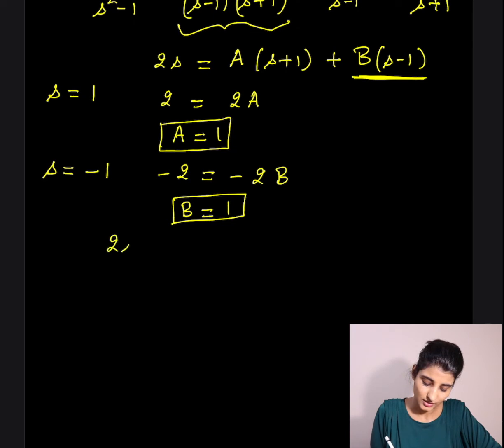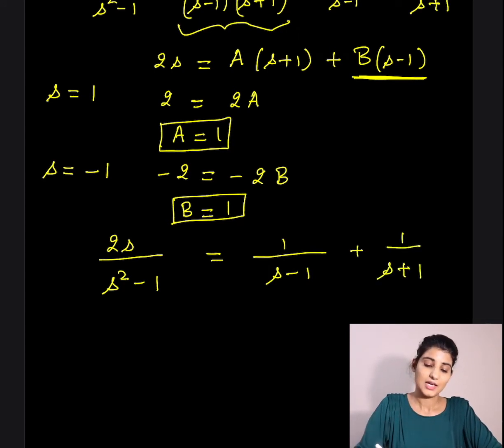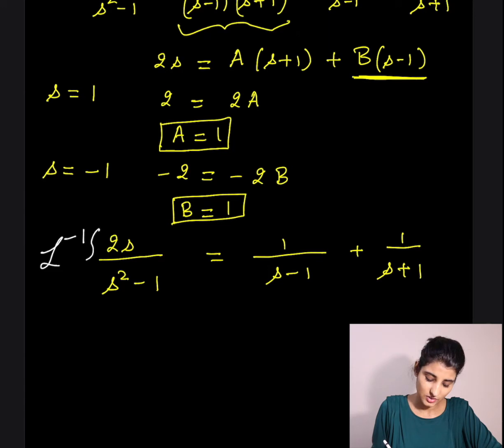So what we got is 2s divided by s square minus 1 is equal to 1 over s minus 1 plus 1 over s plus 1. And we wanted to find out the Laplace inverse of this function.